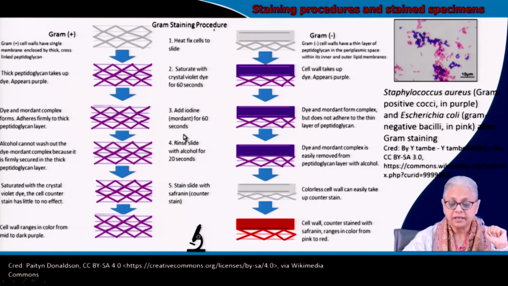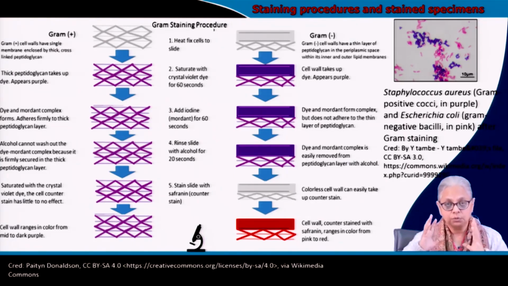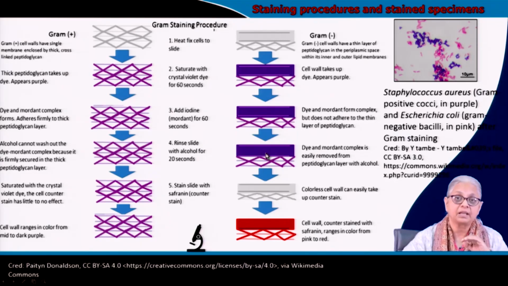Then you rinse the slide with alcohol for 20 seconds. When this is rinsed with alcohol, you will find that many of the cells have disappeared from view and have become colorless. The thin layer of peptidoglycan is holding on to some of the purple color, but the outer membrane has been destroyed by alcohol.